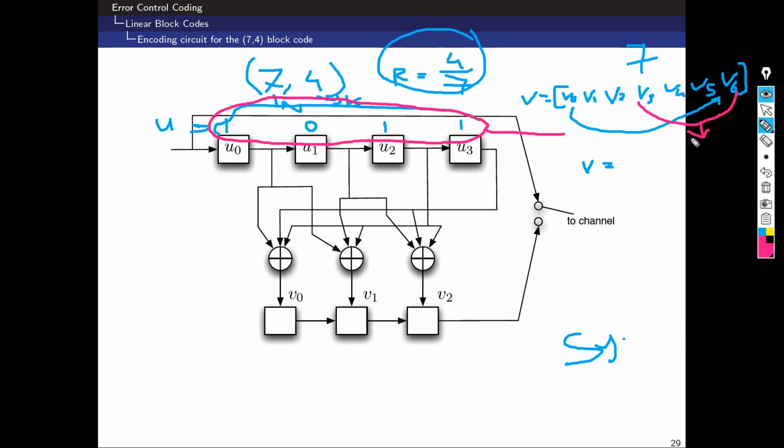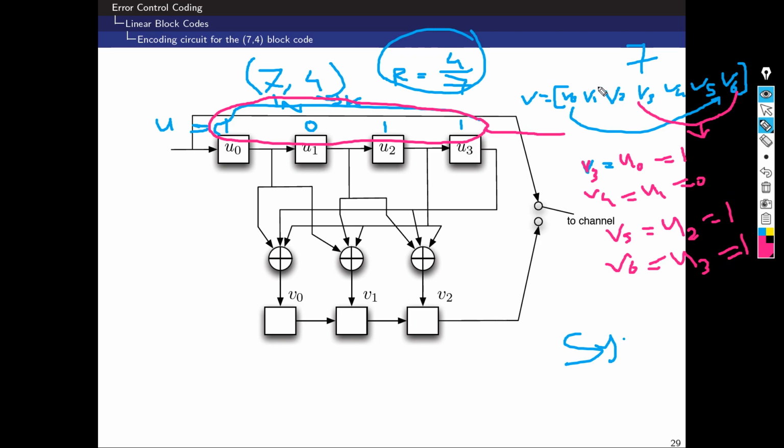Since it is systematic, V3 is equal to U0, which is 1, and V4 is equal to U1, which is 0, and V5 is equal to U2, which is 1, and V6 is equal to U3, which is 1.